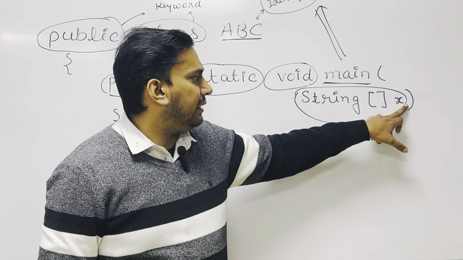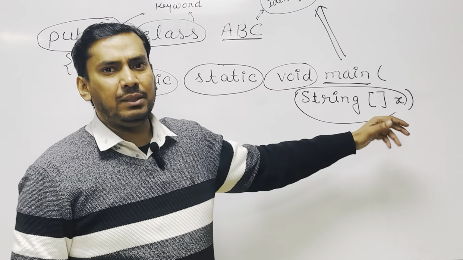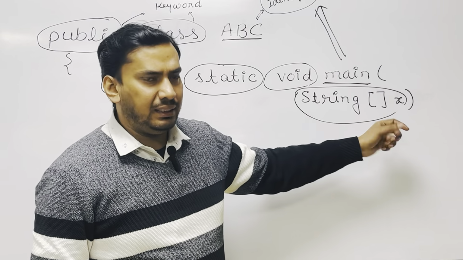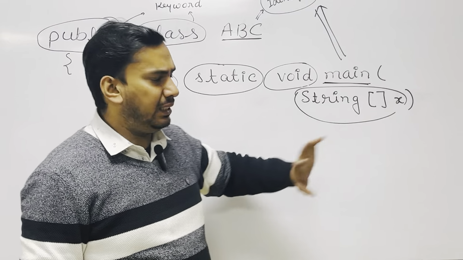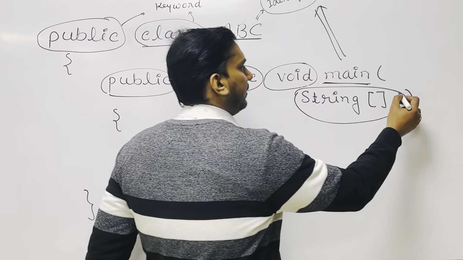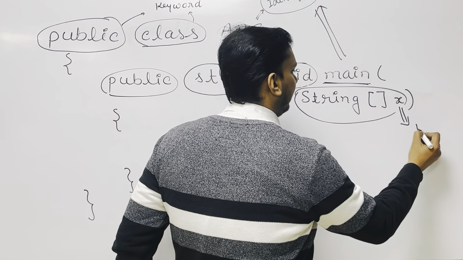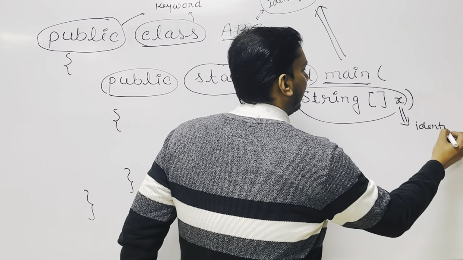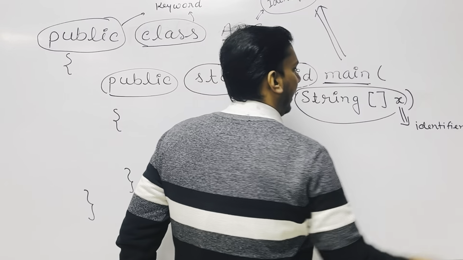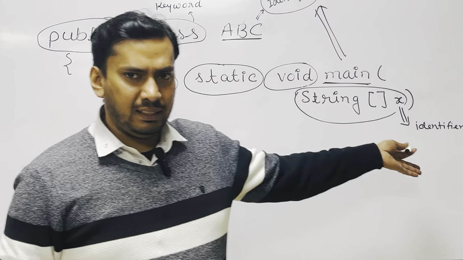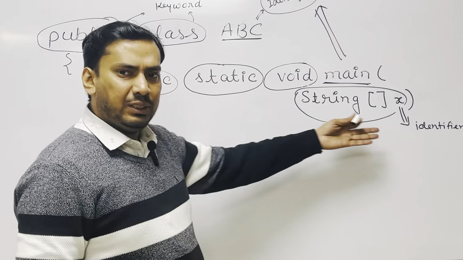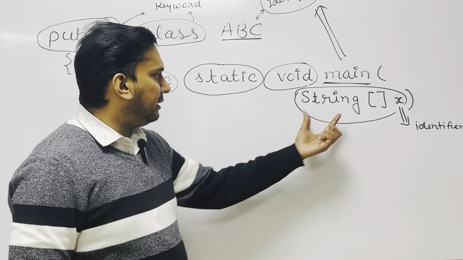This is an identifier, so it can be anything, it may be args, it may be arg, it may be x, it may be abc, anything. So you can write anything here. I can write here String array rk, you can write abc, xyz, anything, but this is a string array.